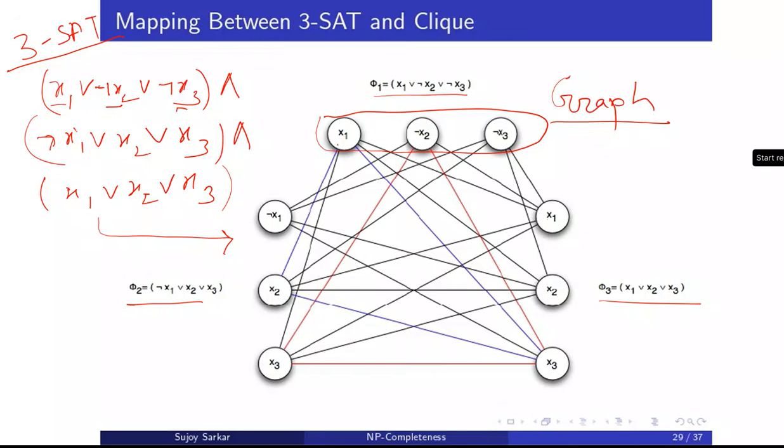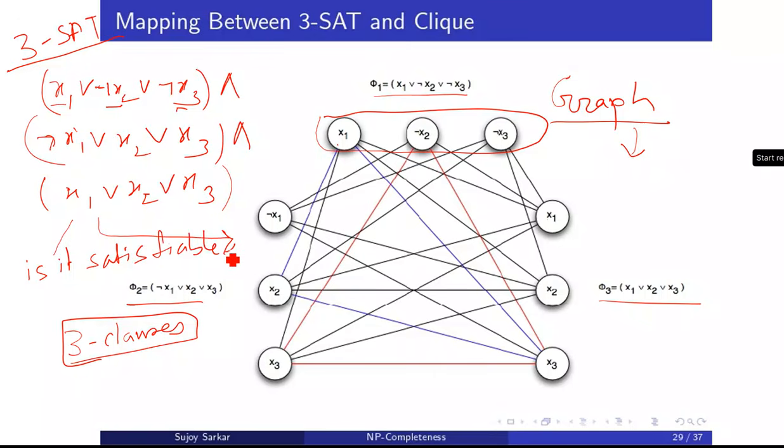Fine. Now, how will clique be related here? In the original 3-SAT formula we had how many clauses? We had 3 clauses. The question we are asking is, is it satisfiable?